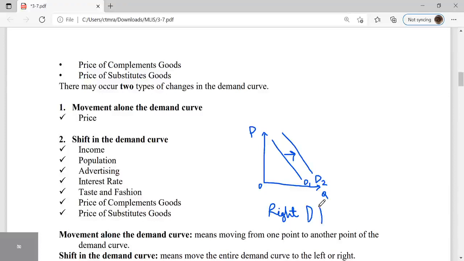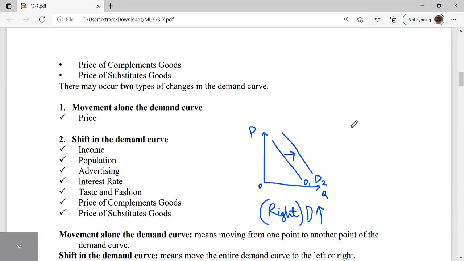Why? Because it's going away from zero. Say D1 is closer to 0 and D2 is away from 0. So away from 0 means what? It's increasing, right? The value or the output or the demand for goods and services is increasing. That's why it's shifting to the right.